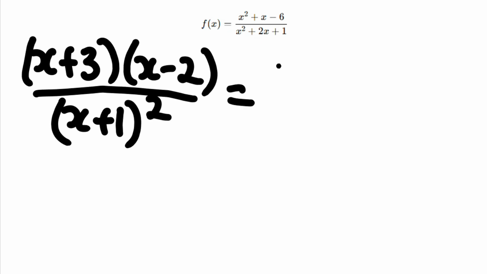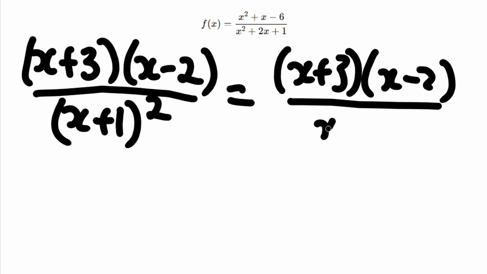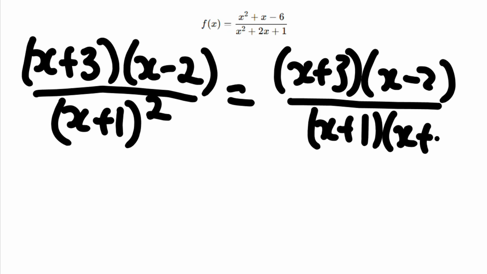Or you can write it as numerator is s plus 3 multiplying s minus 2 all over s plus 1 multiplying s plus 1 again. So you see, now that we have the full form of it, the numerator and denominator factorized, there's no common term between the numerator and the denominator.